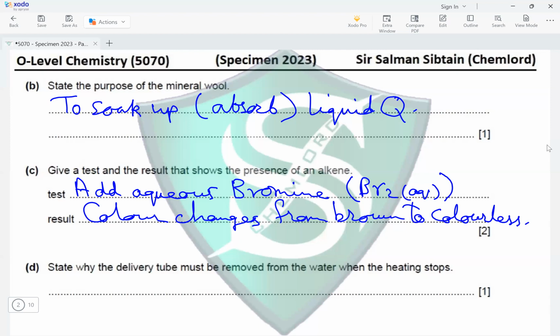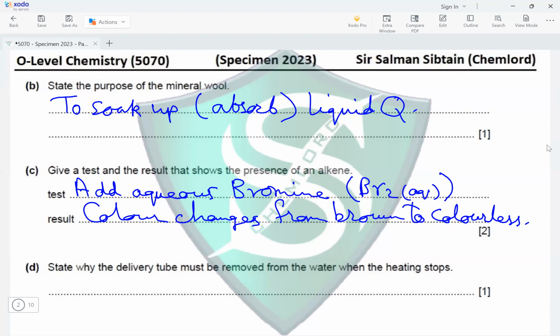Part D. State why the delivery tube must be removed from the water when the heating stops. Okay, this is a very important precaution that needs to be taken when the apparatus is already heated, right? And when you stop heating the apparatus and you have the delivery tube present inside water, there is a difference in pressure that is created.